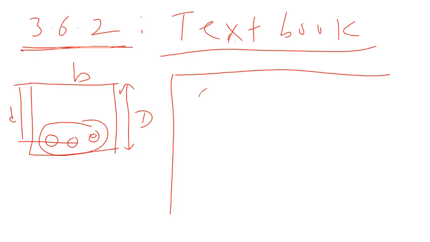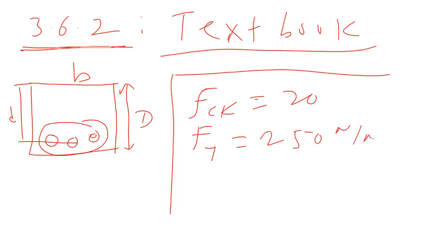Materials are already given, so we know that fck is 20 Newton per millimeter square. For the mild steel, fy is 250 Newton per millimeter square, and b is given, that is 230 mm.